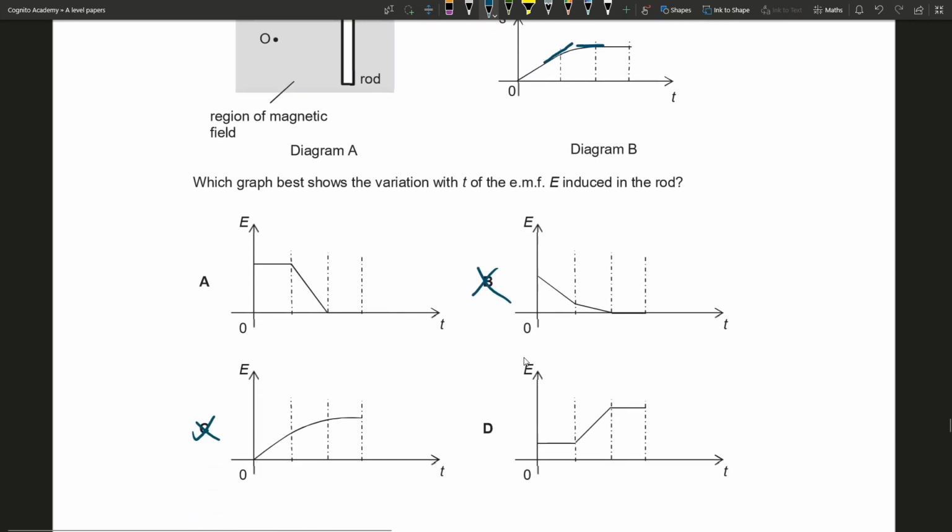So D is wrong because in D the induced EMF doesn't decrease, it increases. But our velocity is decreasing and our induced EMF is proportional to our velocity, so our induced EMF should also be decreasing as shown in option A. So our answer here is A.